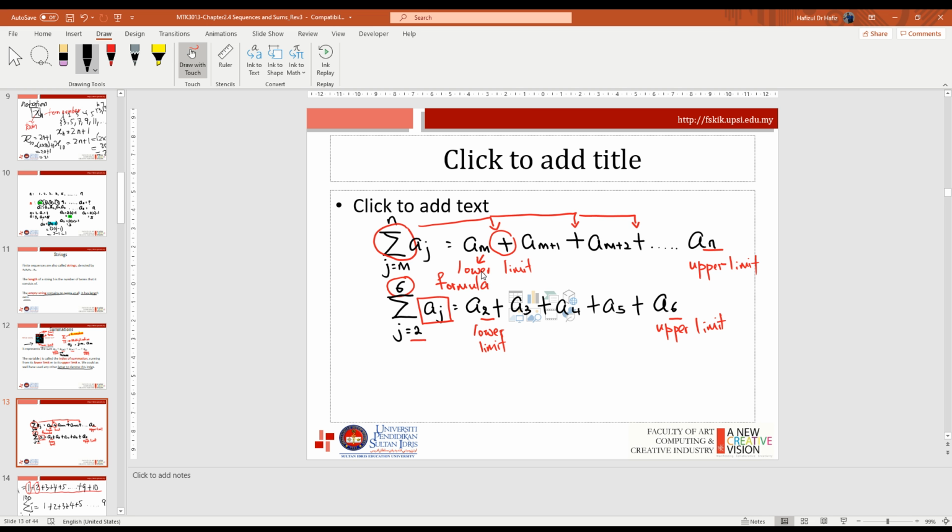For example, here we have the sum for j equal to m, a_j, and a_m is the lower limit. We go until the upper limit n.